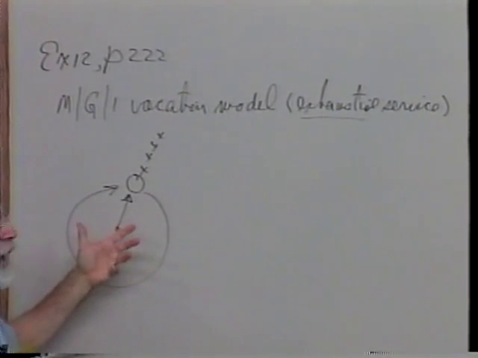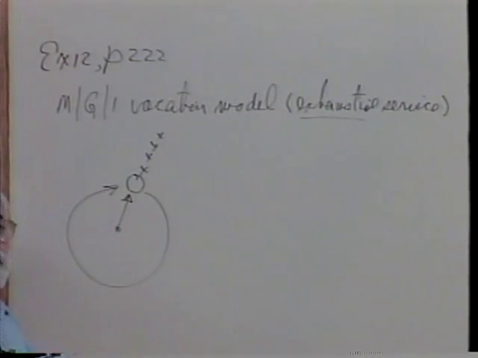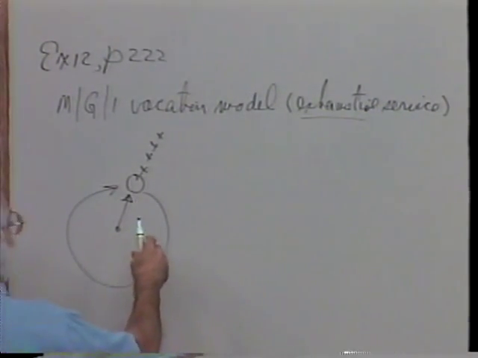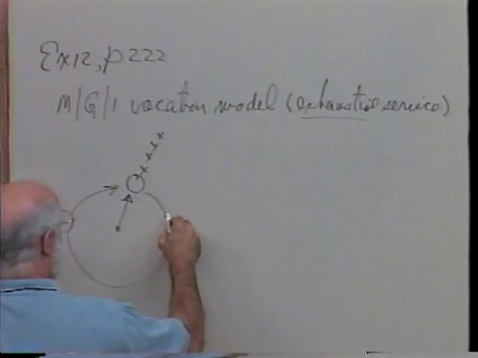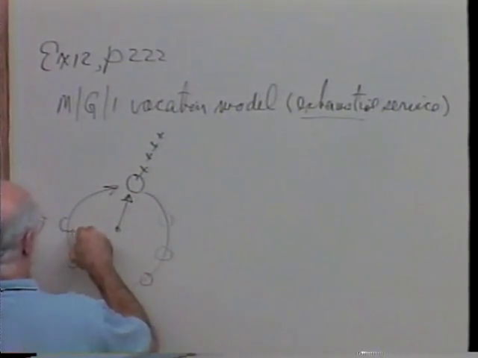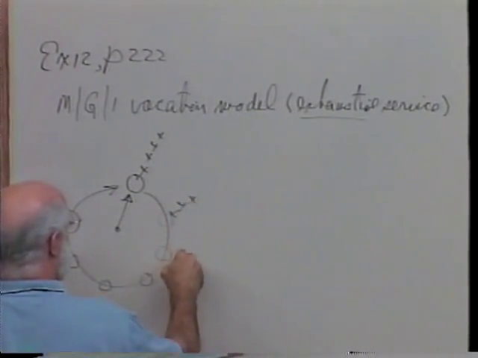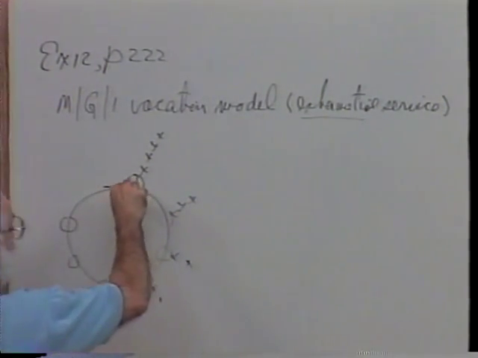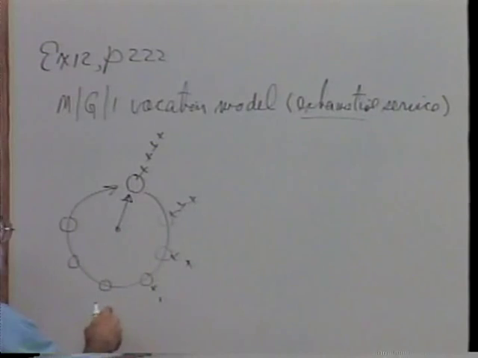Now, he could be doing all kinds of other things during that vacation time, but the reason this model was originally formulated was to help you analyze the case in which there are other queues or other stations, and you're serving these in cyclic order. So in other words, you're polling. This is a polling model.